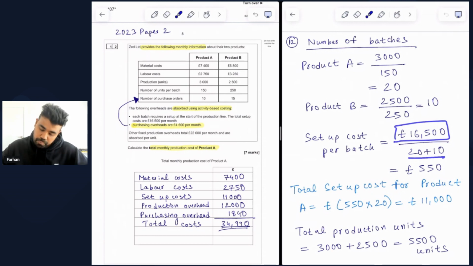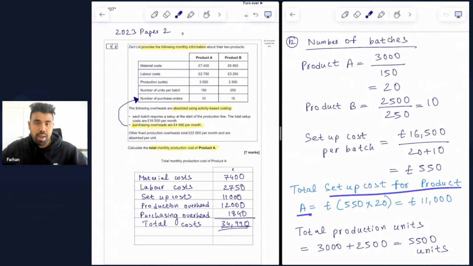When we do that, we get £550 as the setup cost per batch. Having said that, if I want to find the total setup cost for product A, which is our main concern in this question, we take the setup cost per batch of £550 that we have just worked out, and multiply it by the number of batches, which are 20, and then we get a total of £11,000 as the total setup cost for product A.